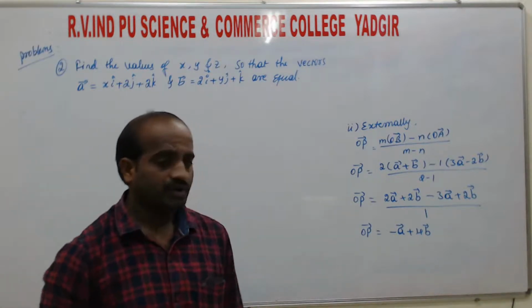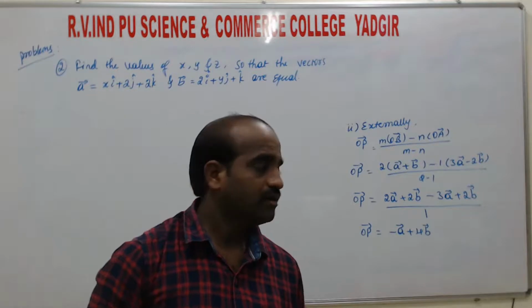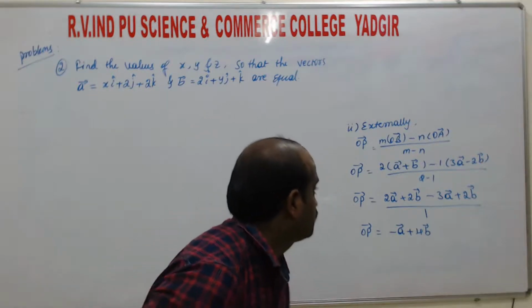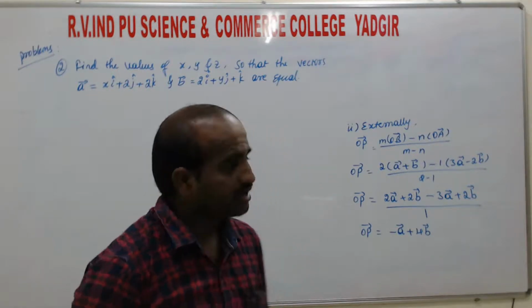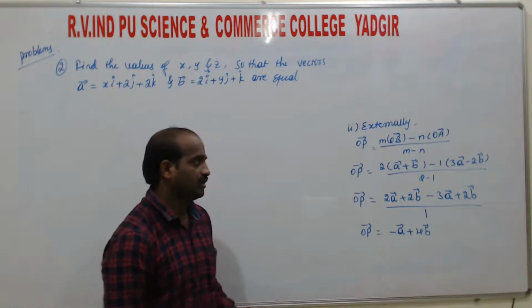If two vectors are equal, then their corresponding components are also equal.